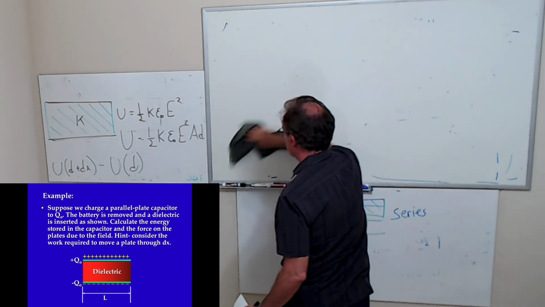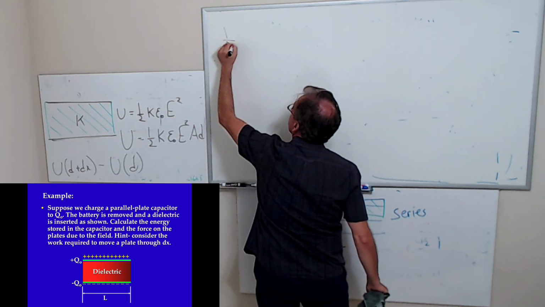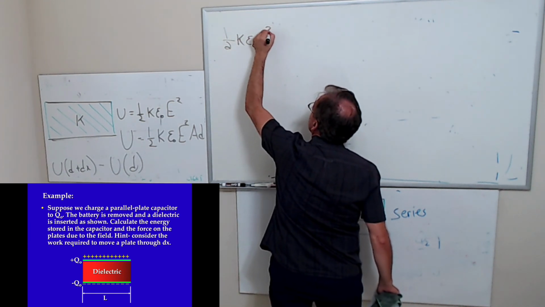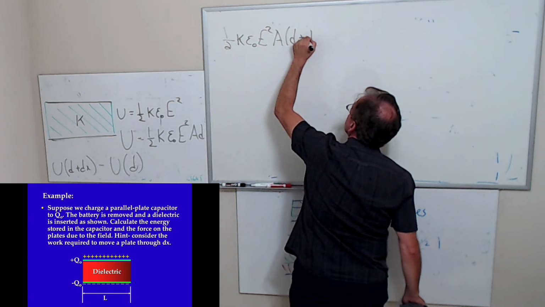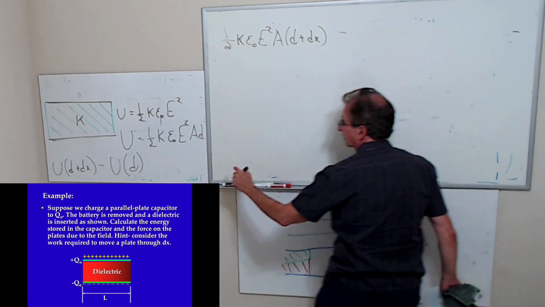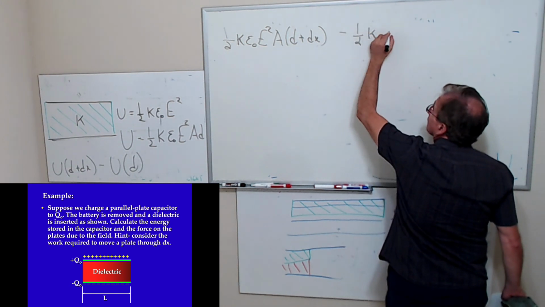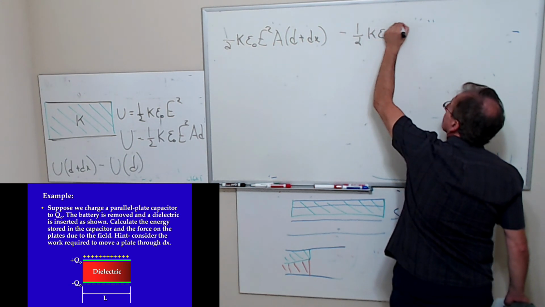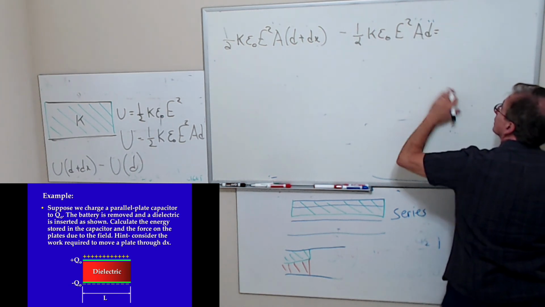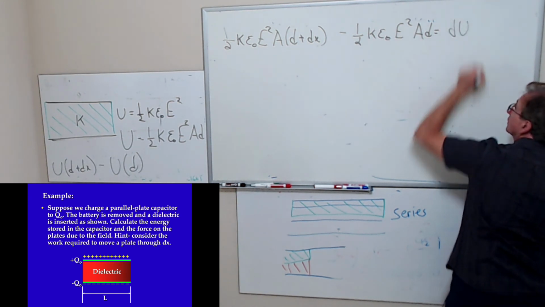There's a special term for this called the method of virtual work. So U at D plus dx is going to be 1/2 kappa epsilon naught E squared A times D plus dx, minus this term. And this is basically going to be dU, the change in U when you move it through a distance dx.